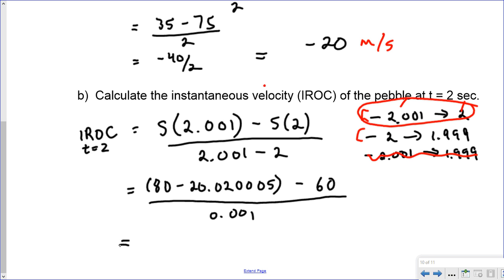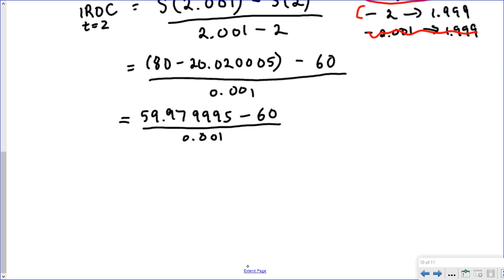Okay, that leaves me with, again, 59.979995 minus 60. That's just calculator math, and I'm going to write all my decimals in my formula in order to be really accurate. Carry all your decimals. If you're just working on your calculator and crunching numbers, carry all your decimals.